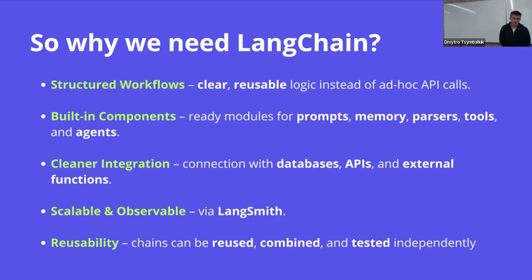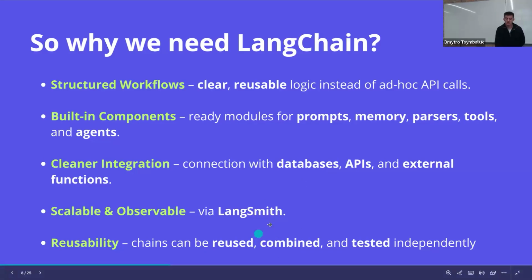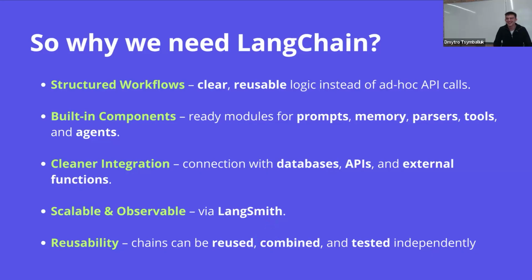Scalable and observable via LangSmith, and I will show you later what LangSmith is. It's a very cool tool if you haven't seen it yet in a different course. Have you seen LangSmith before? Yeah. Okay. And reusability, so chains can be reused, combined, and tested independently.